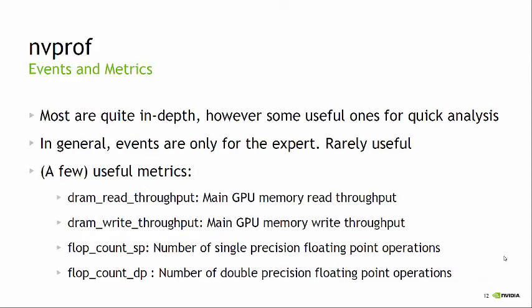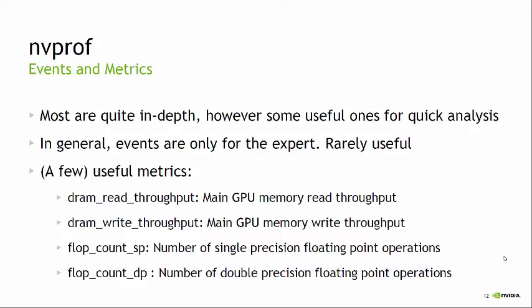So I did just speak about events and metrics a little bit more detail. Here are 4 that I find myself using quite frequently. Metrics. There are maybe 30 or 40 total metrics. But these are 4 I find myself using quite frequently. So there's the DRAM read throughput and the DRAM write throughput. These are useful because often GPU performance is bound by one of 2 things.